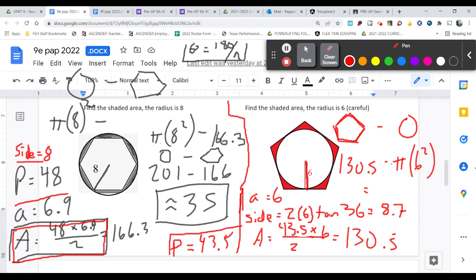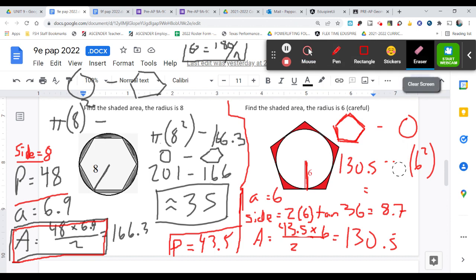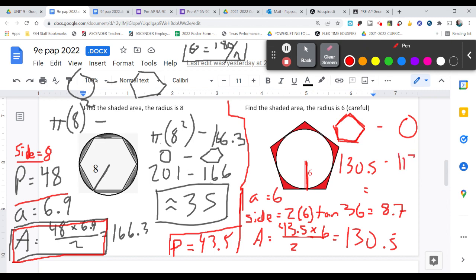So we have 130.5 minus 113. It's like 17.5 maybe? 17.4? Yeah, the way I have it up here is about 17.5. If you're at 17.5 or really close to that, then you're good. So 17.4, 17.5, 17.6. Again, the rounding on these is a little off.